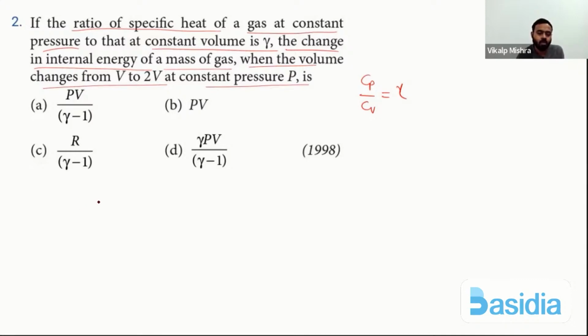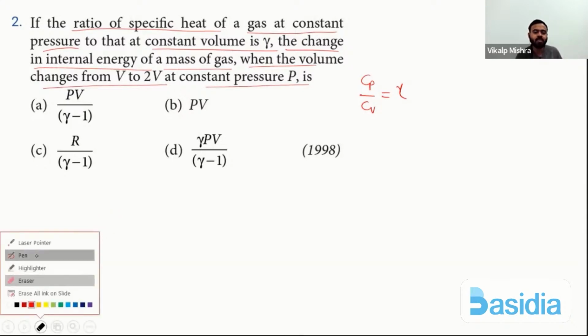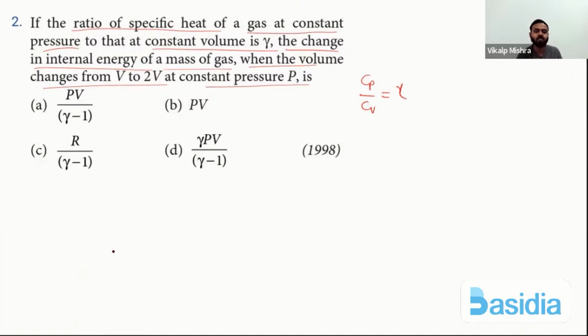One formula I derived, the formula of Cp. Do you remember the formula of Cp? Wait. First of all, we have to see what they are asking. They are asking the change in internal energy, and that is dU. dU equals what?